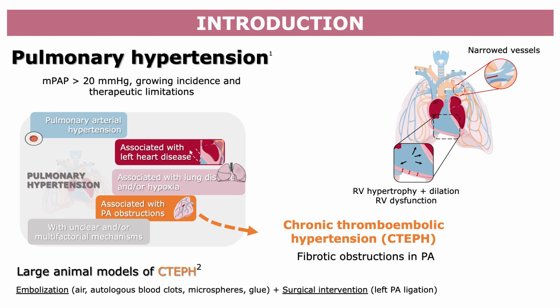Most of the animal models for the study of PH are rodent and also large animal models. The large animal models are usually focused on CTEPH and typically involve the use of various embolization materials such as air, blood clots, microspheres, and are also sometimes combined with a surgical intervention.